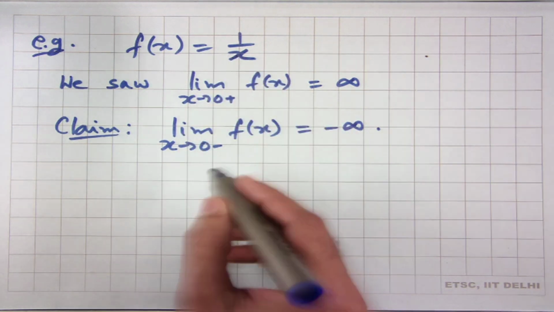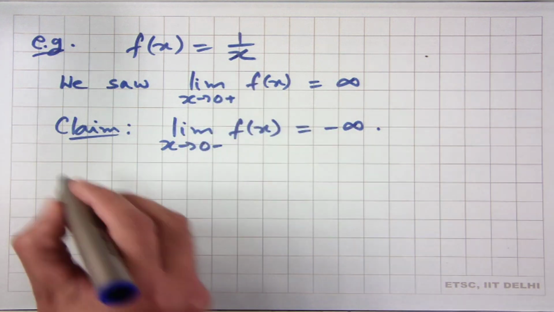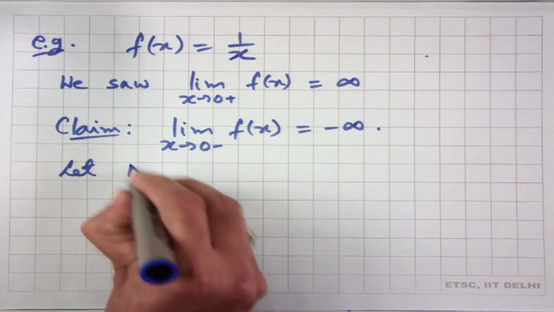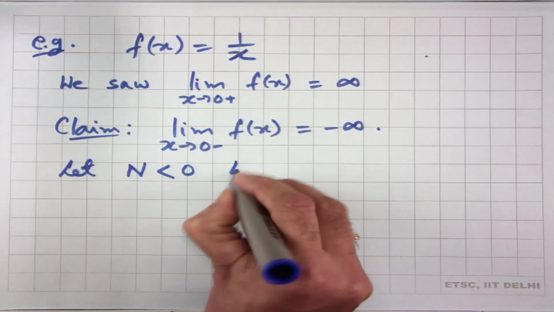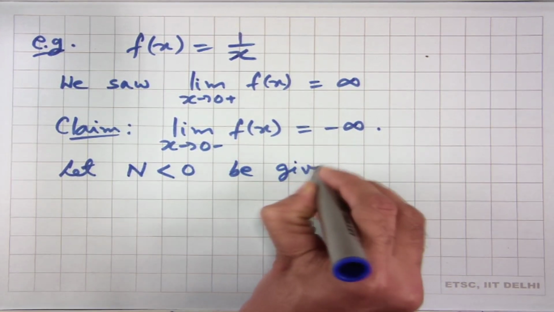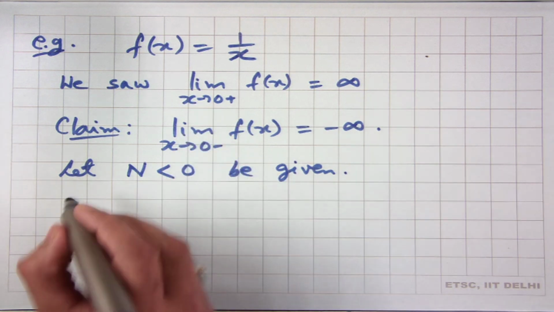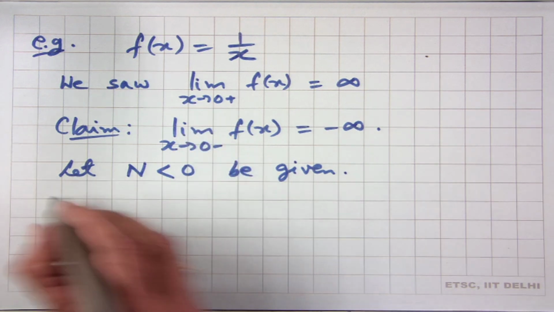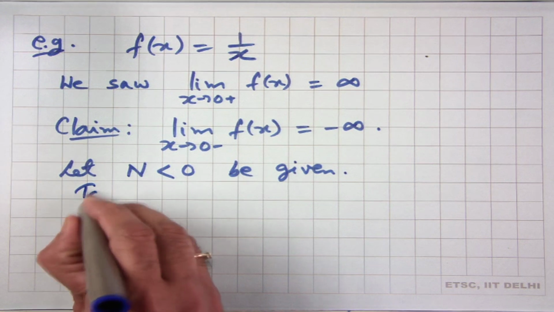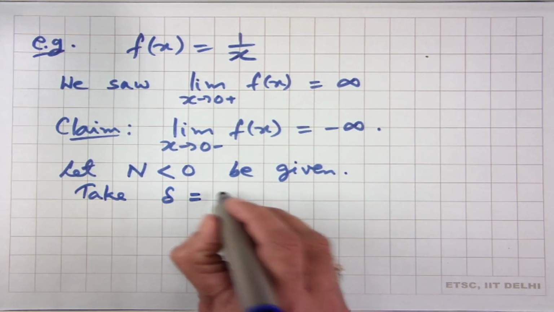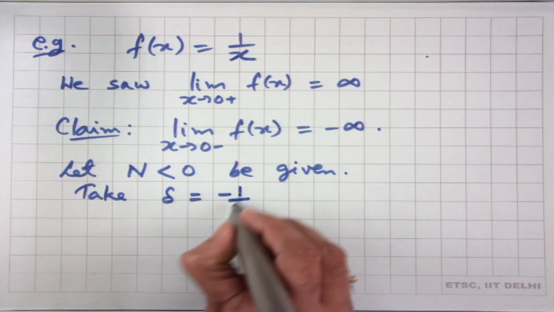But rigorously, if we want to prove it, let n less than 0 be given, then you have to find delta. So, take delta to be equal to minus 1 by n.